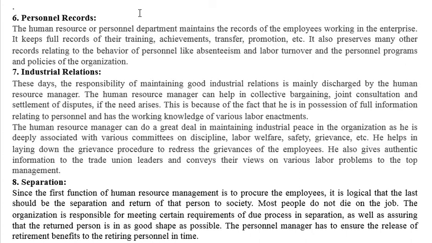All these records are kept, along with absenteeism and turnover, so that it will be helpful for the organization in taking decisions regarding employee benefits, or if something happens to the employees so that benefits can be given, or if a person is not suitable to the organization, how to change their behavior. Training, achievement, transfer, promotion, everything has to be recorded.